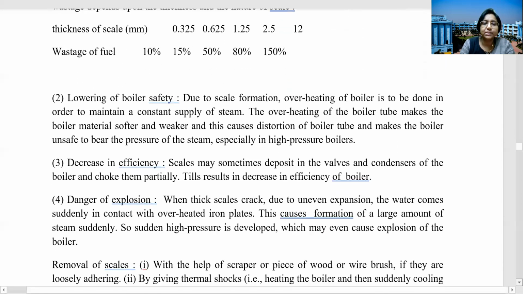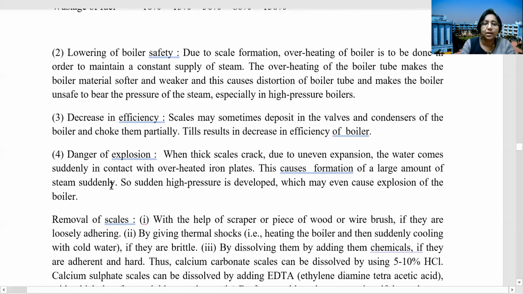So it decreases efficiency and creates danger of explosion. If the thick scales crack due to uneven expansion, the water comes suddenly in contact with overheated iron plates. This causes formation of a large amount of steam suddenly. So sudden high pressure is developed, which may even cause explosion of the boiler.